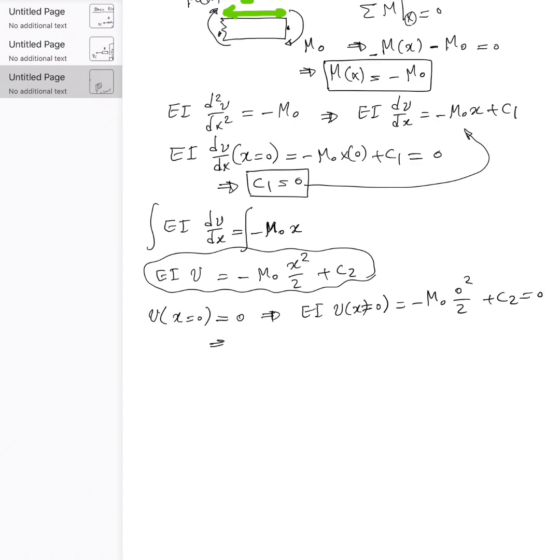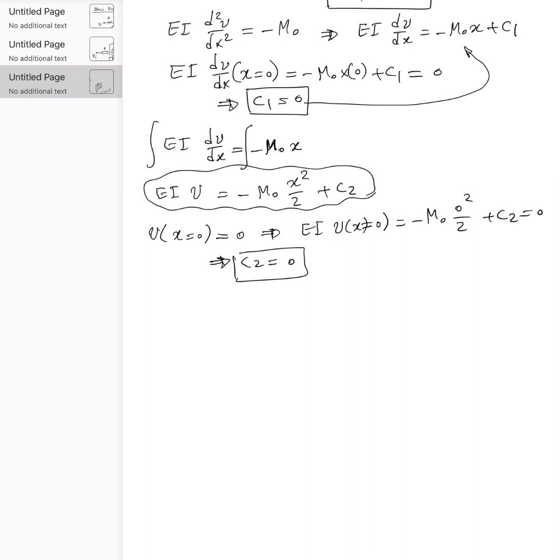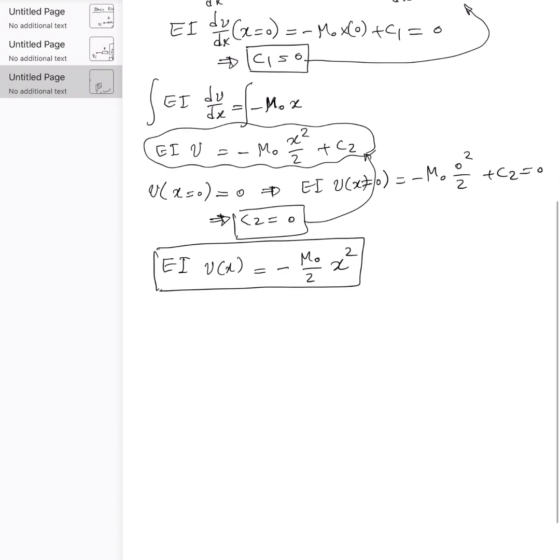That means immediately C2 must be 0. Okay, so the equation of the elastic curve is EI v of x, just put C2 as 0 here and you get the final answer. EI v of x is equal to negative M0 over 2 x squared. So that's the equation of the elastic curve.